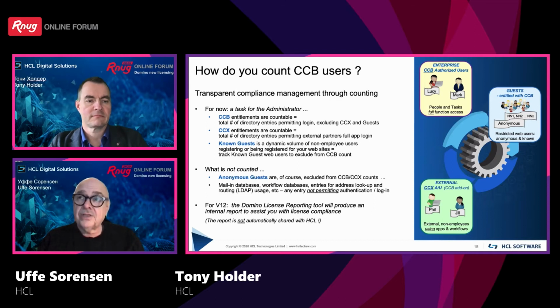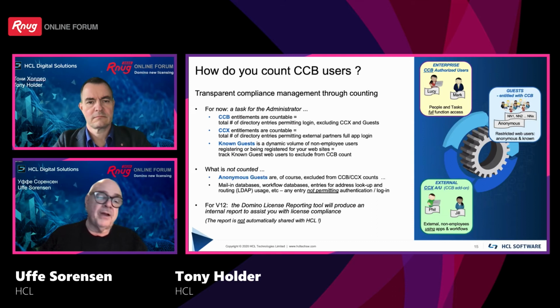This is not spying on you, because that report is not shared with HCL. The report is generated for your purposes, so you have a tool to negotiate your next renewal with your HCL reps or business partners. It is only for your own purposes, but it is a way to make sure that you know what you're consuming and can have an intelligent conversation about what is being done.